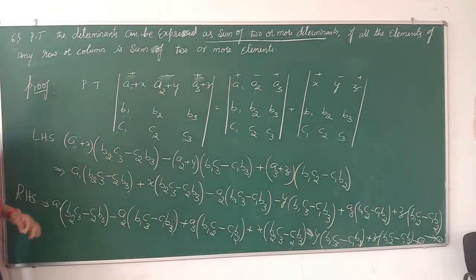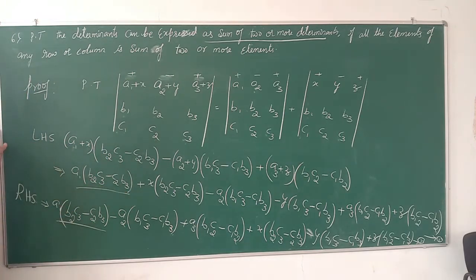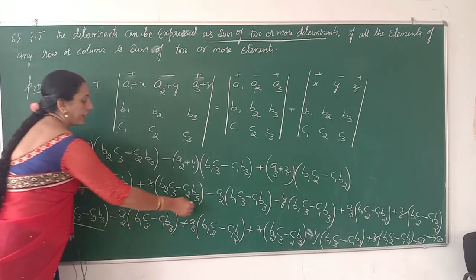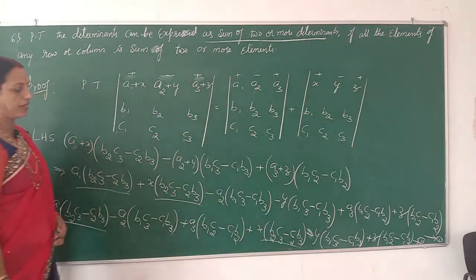Then comparing equations 1 and 2, the first pair compared with each other, both will be the same. The second pair, X of, that is the first expansion of the second determinant, X of.